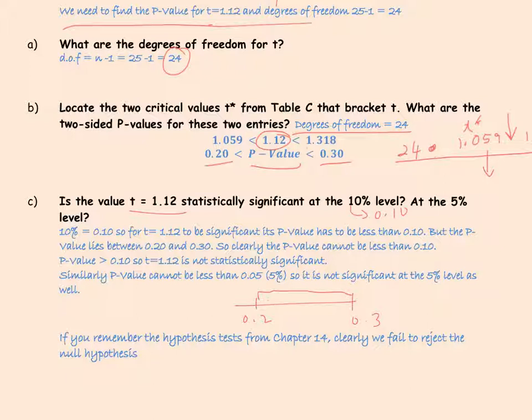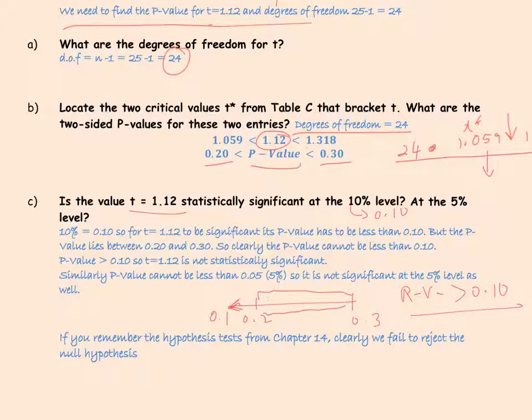So 0.10 is less than these, so this is where 0.10 will be, somewhere outside of this interval. So clearly the p-value which lies somewhere here is greater than 0.10, which means we do not have a statistically significant result. So we fail to reject the null hypothesis. So t equals 1.12 is not statistically significant at the 10% level.